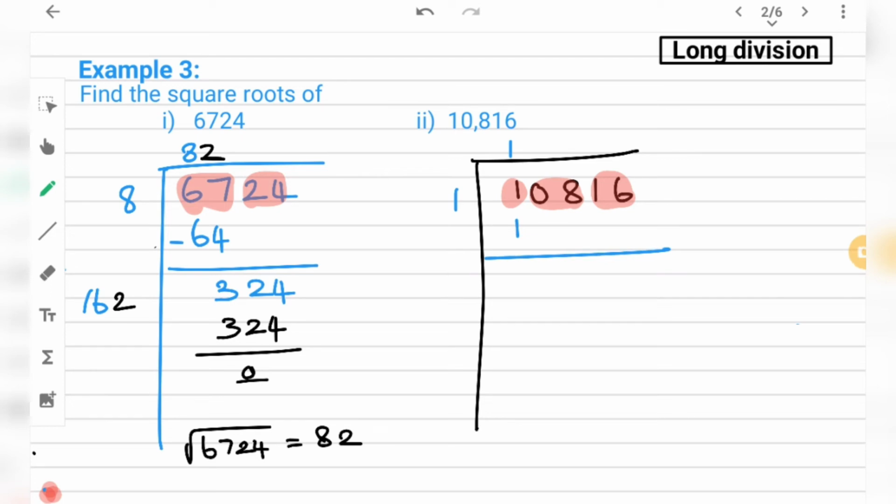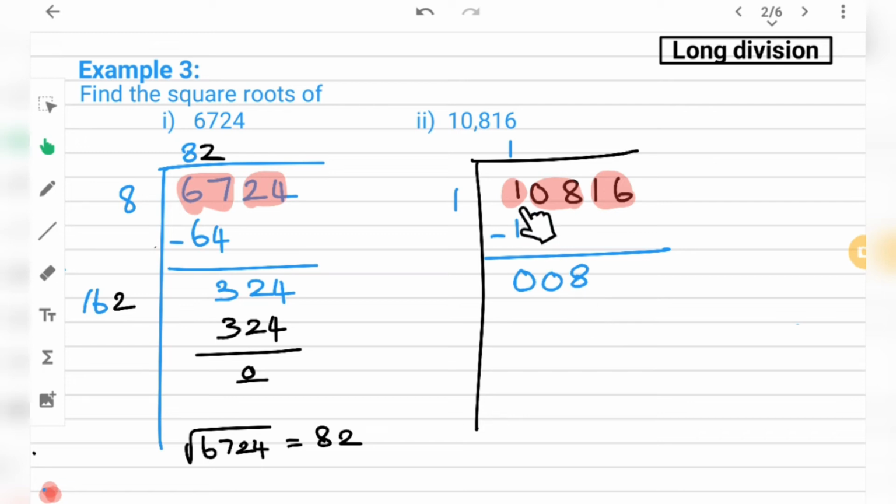Yeah. And what is the next step? You have to subtract it. While you are subtracting, what will you get? You will get 0. And the next step, I want to bring these two numbers together. So, I will get 0, 8. A 0 placed before 8 means there is no value, right? So, it is nothing but 8.